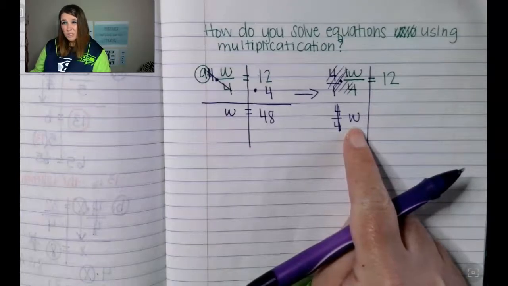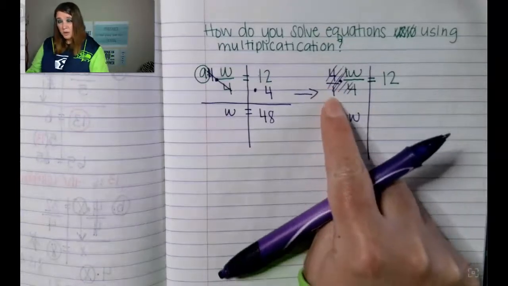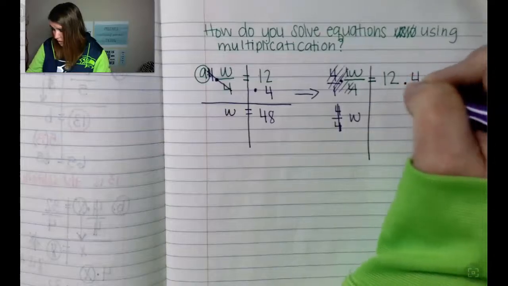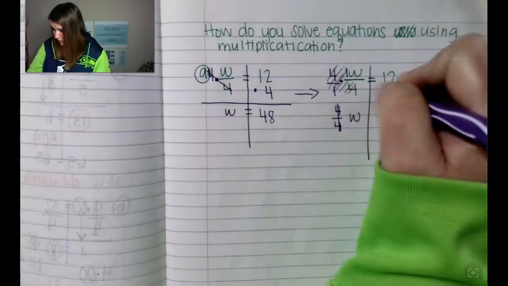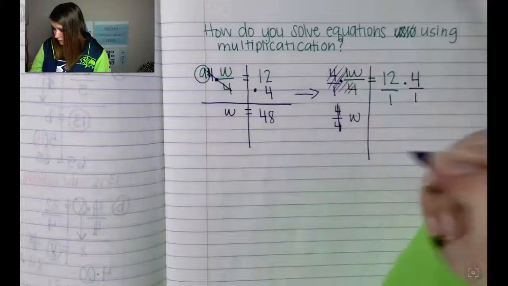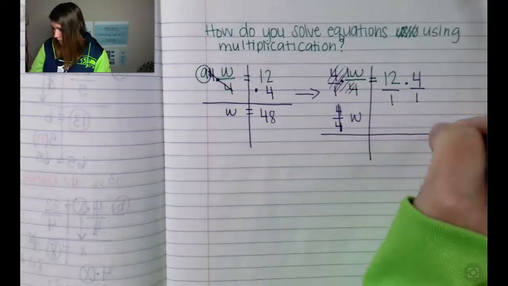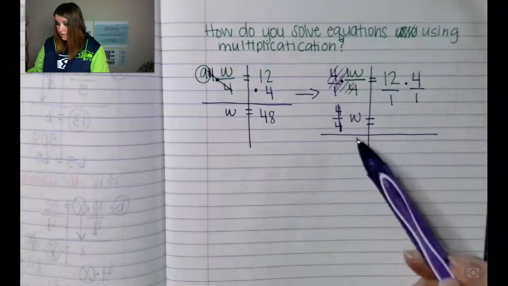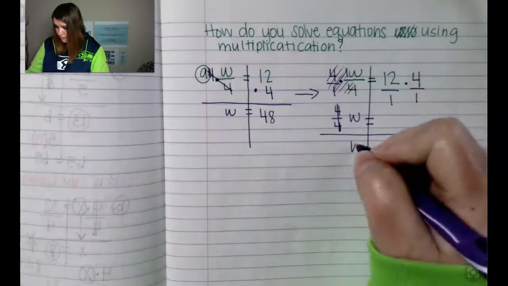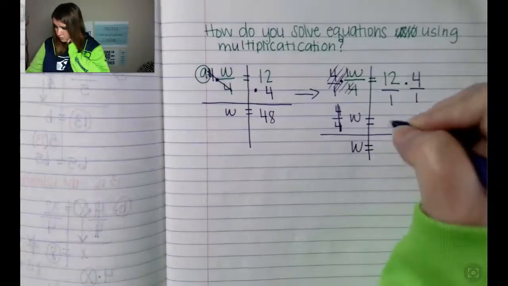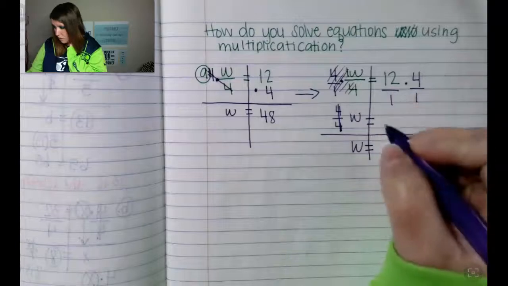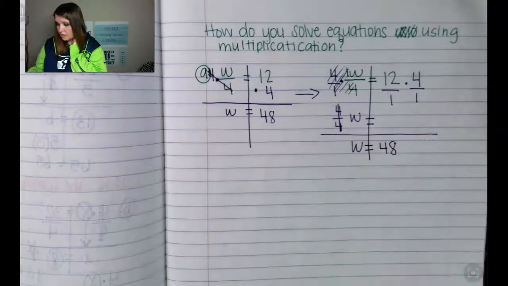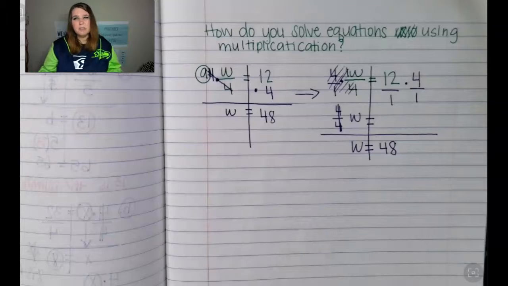So if I've multiplied by 4 over 1 here, I can now multiply by 4 over 1 up here. And I can say that W is equal to 12 times 4, which is 48.